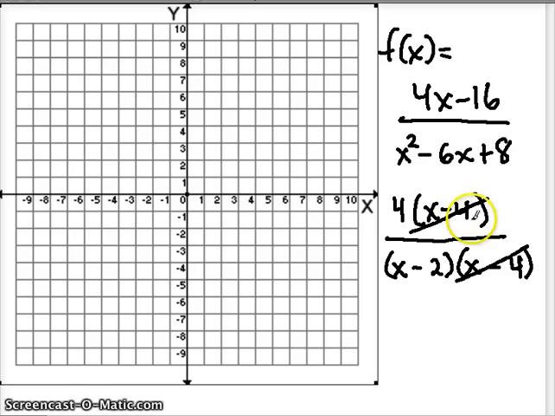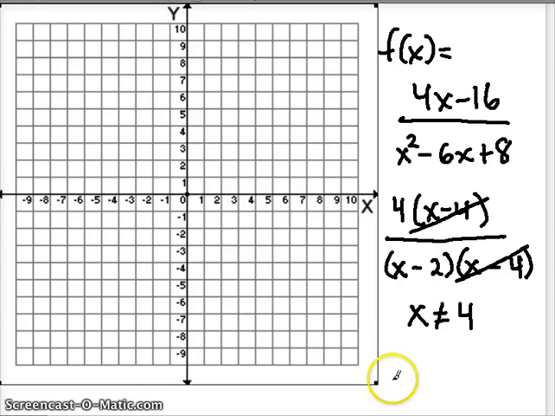So right here is where your hole happens. What value for x would make this whole thing go away? Well, if I plug in a +4, that would make this whole thing become 0. That would make the bottom become 0, and then I would have an undefined output, or an undefined function at that value. So x cannot equal +4.